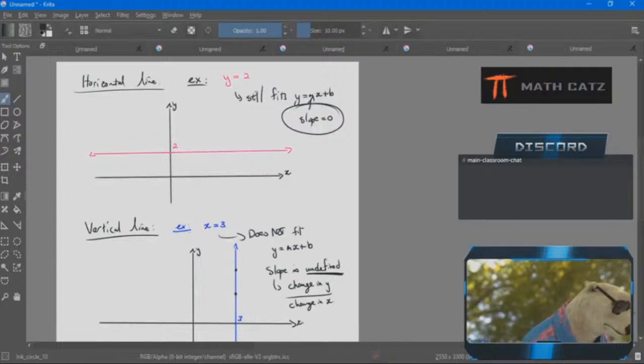Can I calculate it using the tangent of the angle between x and the line? Not sure. For a vertical line specifically, it doesn't matter how you want to calculate it. There is no slope value.